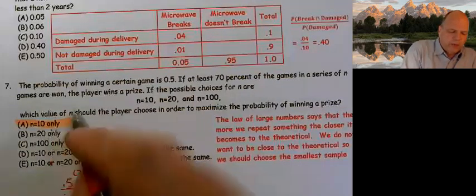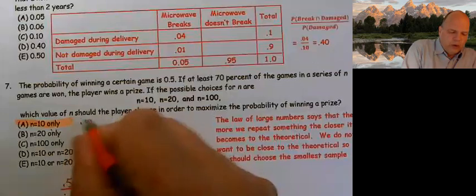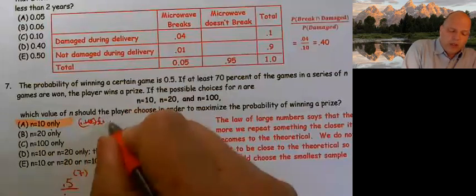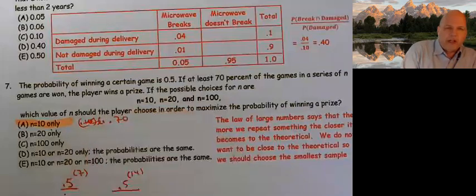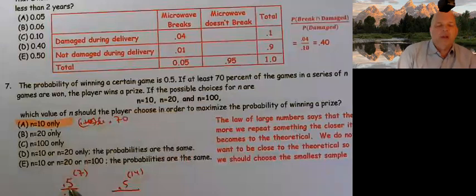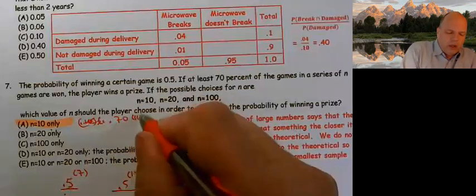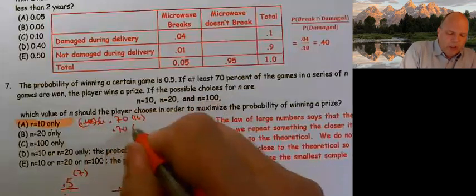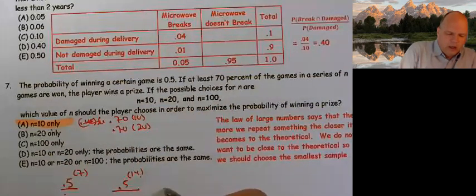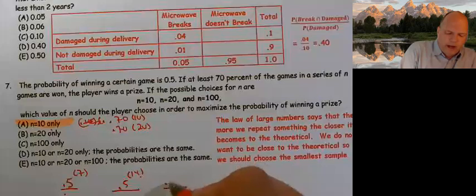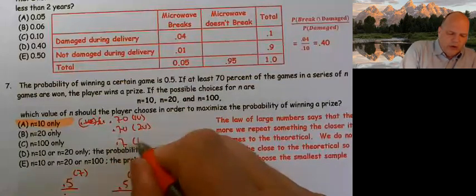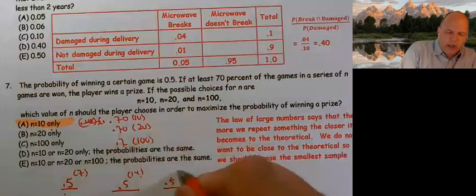That 14 came from the 70% I have to win times 20, which gives me 14. And if I did 100, it'd be 0.7 times 100, so I'd have to win it 70 times.